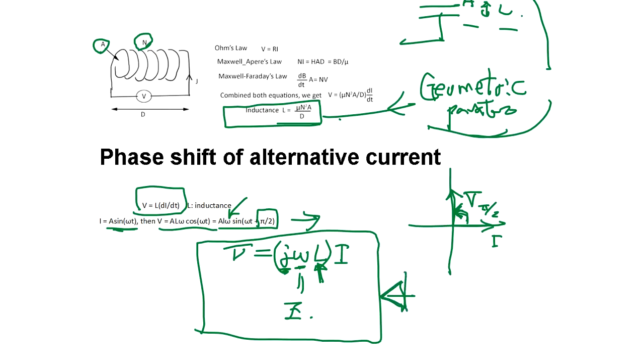Everything is connected and all comes from Maxwell's equations. I hope you understand at this level the connection between electric circuits and Maxwell's equations, all the way down to impedance definitions.